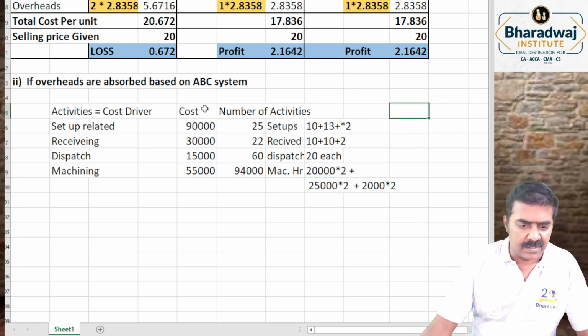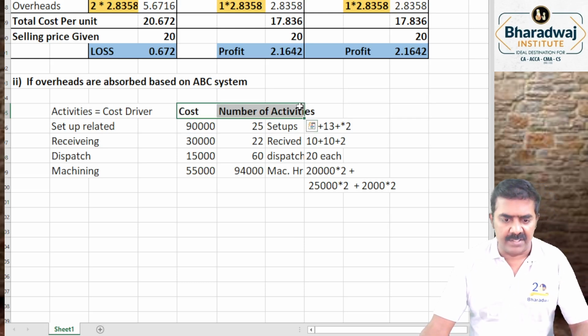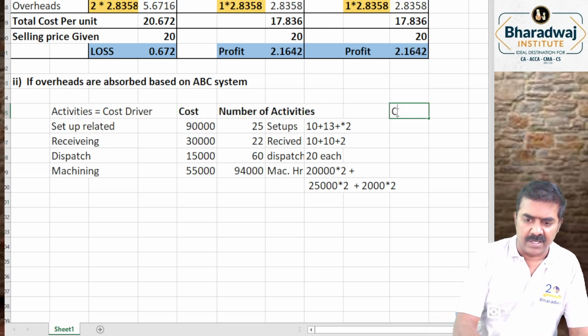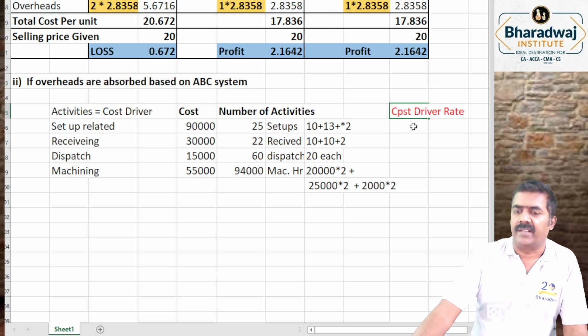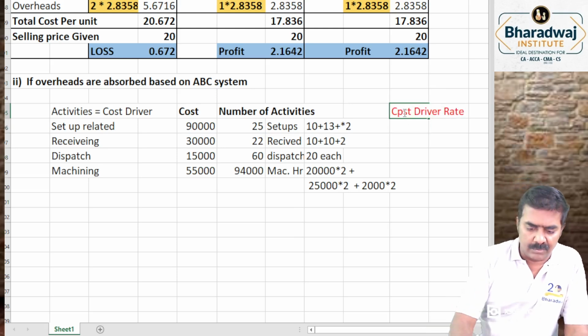Now, when you divide this, cost divided by number of activities will give us cost driver rate. Cost driver rate means rate per activity. So, what is the cost driver rate?